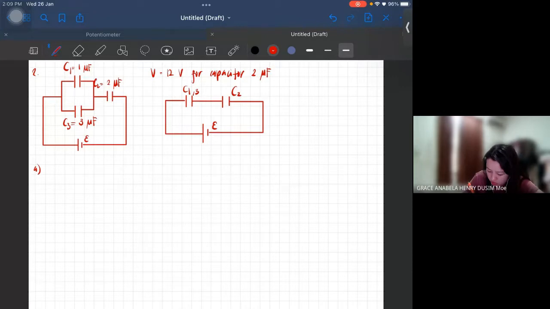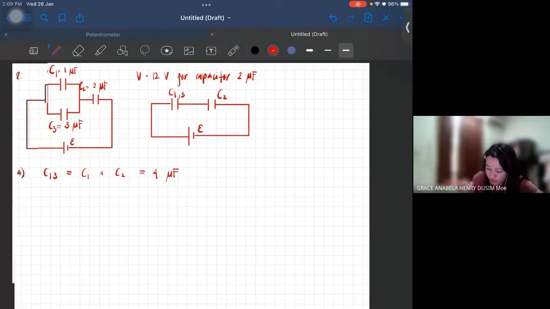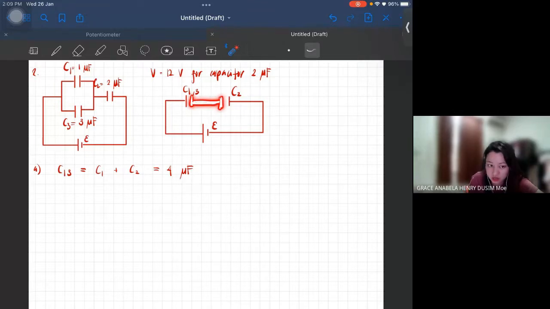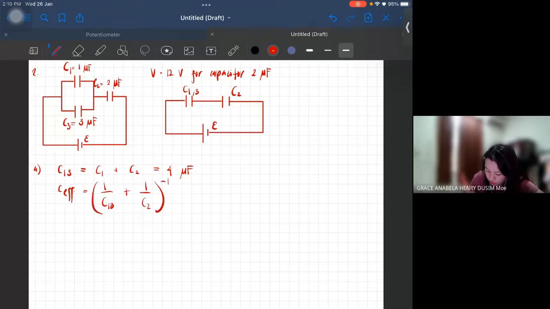C13 is in parallel, so you just add those two capacitors together, which gives us 4 microfarad. Based on this circuit, this is connected in series because these two legs are directly connected. So this gives us 1 over C13 plus 1 over C2, to the power of negative 1. The answer is 1.33 microfarad.